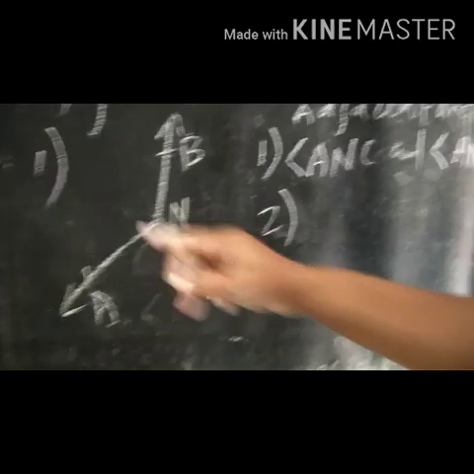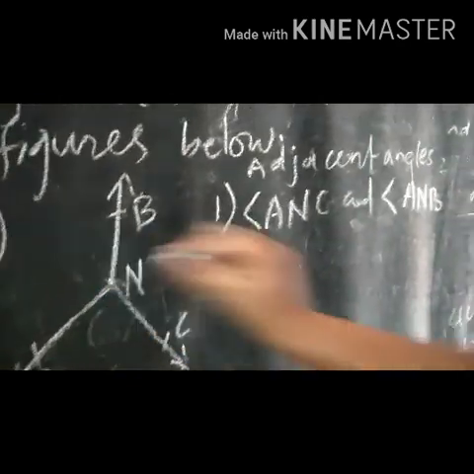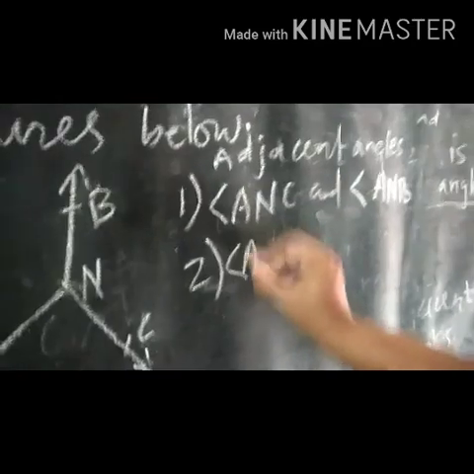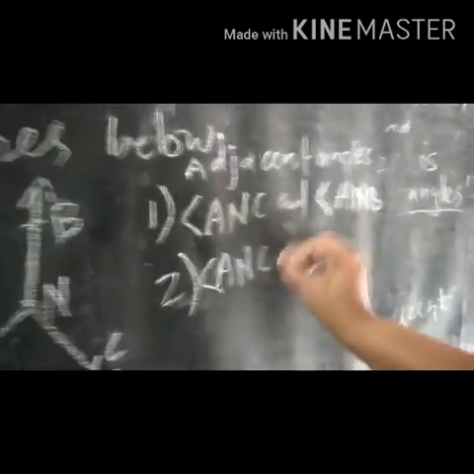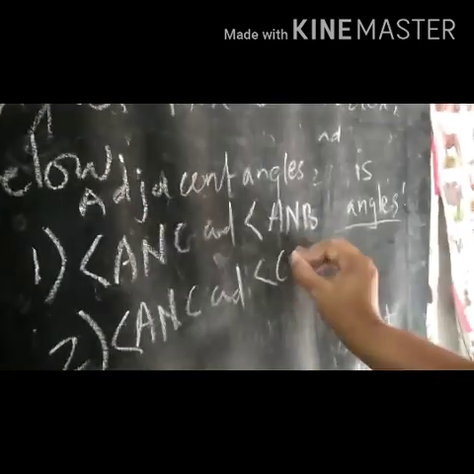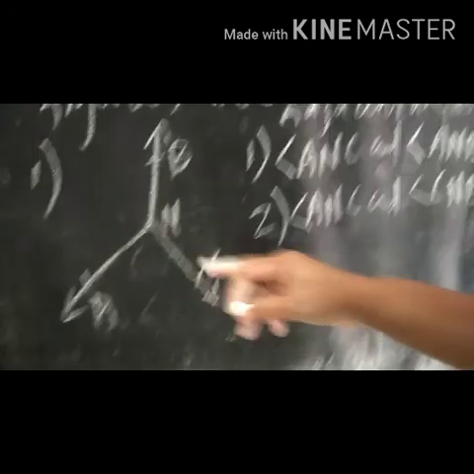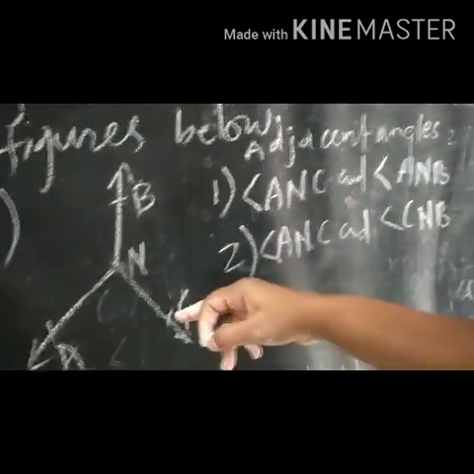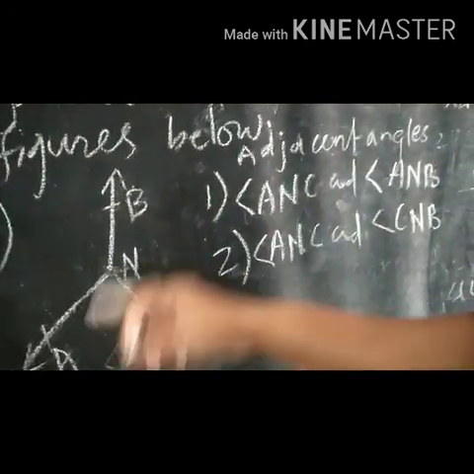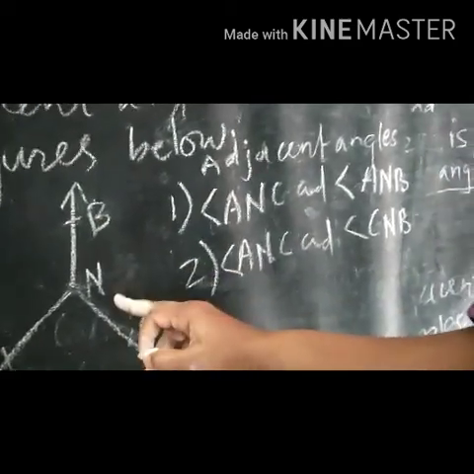Both the angles are having common arm, that is NC, and common vertex, that is N. So second pair, angle ANC and angle CNB. So both the angles are having common arm CN and common vertex N. So ANC and CNB both are adjacent angles.